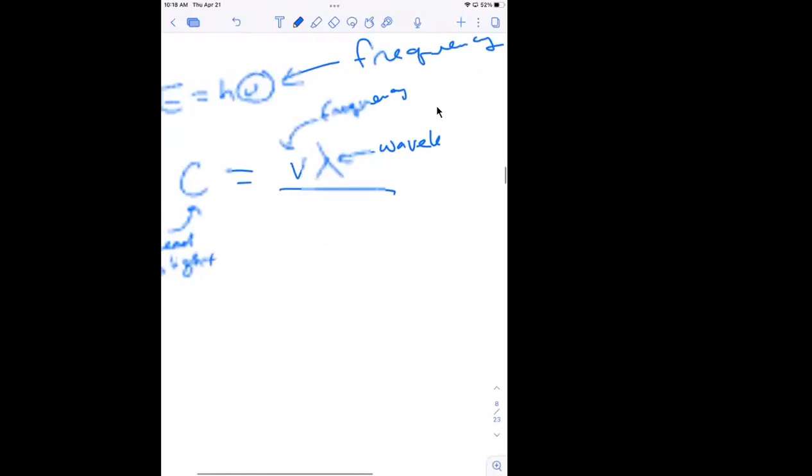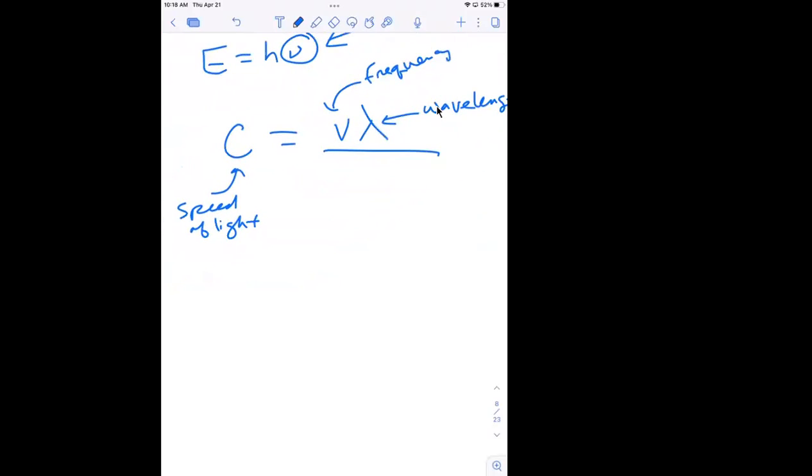So we can also rearrange this relationship so that if we don't have a frequency but we only have a wavelength, we can still figure out the energy of a photon, because c over lambda equals the frequency.